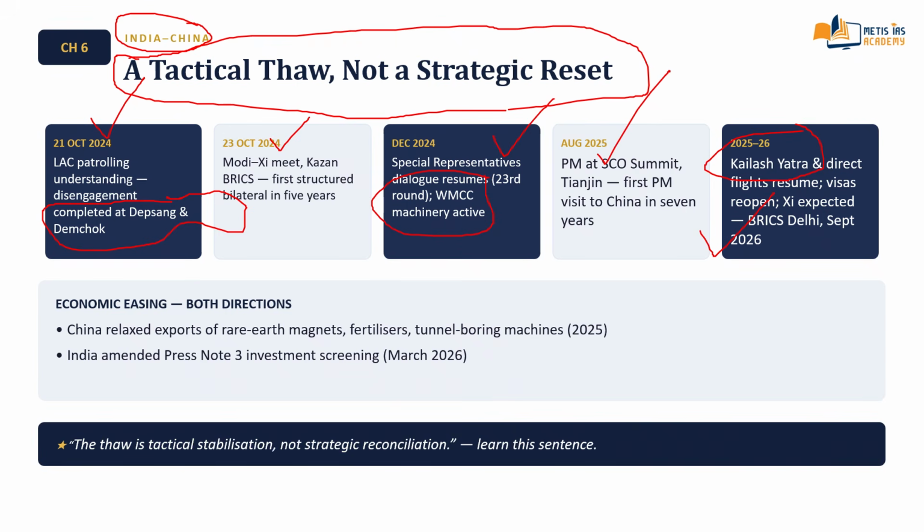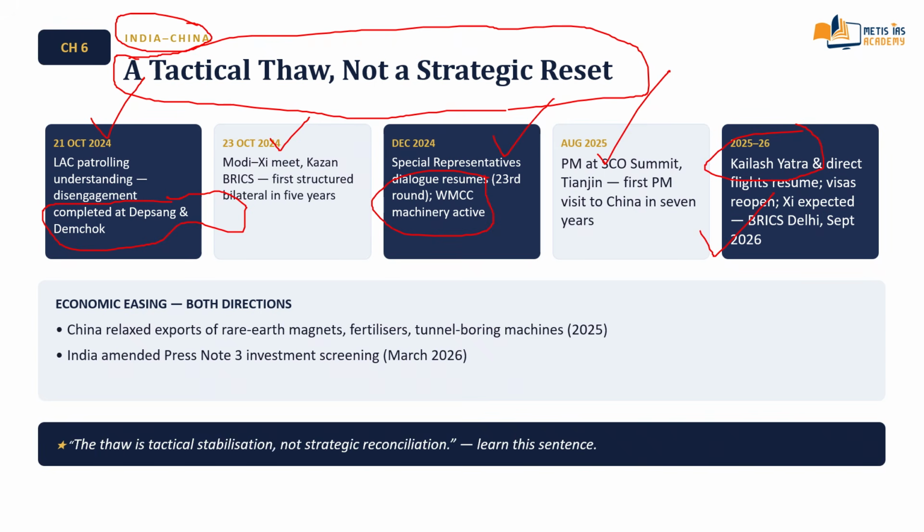But now the other side of the ledger, and this is what separates a good answer from an average one. The boundary question remains unresolved. The trade deficit remains close to $100 billion.